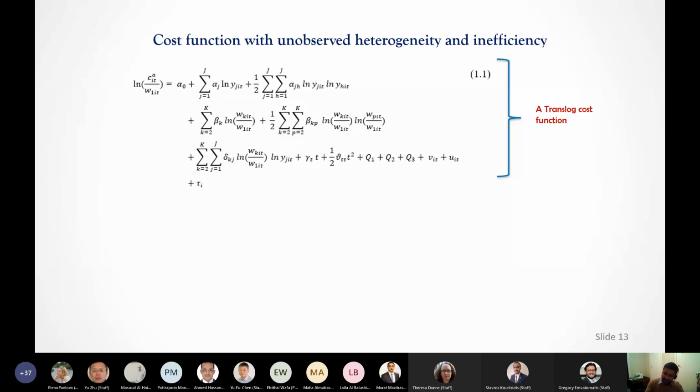I won't go into too much detail of that because it's technical, and our intention is not to be technically proficient here, I guess. It's a very flexible function that accounts for inputs and outputs that go into the hospital production system in a very flexible way. What I mean by flexible is that it allows interaction in a hospital where there are different proportions of nurses and doctors and different outputs come together.